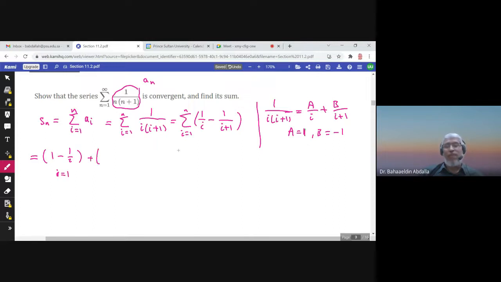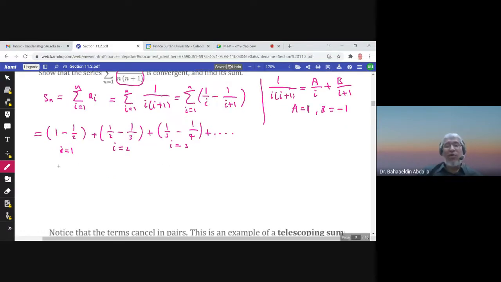Plus, replace i by 2, the second term. 1 over 2 minus 1 over 2 plus 1, 3. This is when i equals 2, the second term. What about the third term? When i equals 3, it would be 1 over 3 minus 1 over 4. And the terms continue.